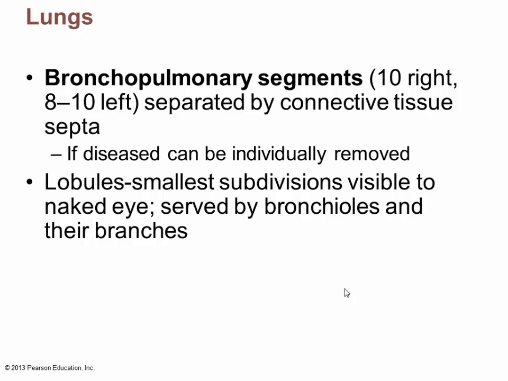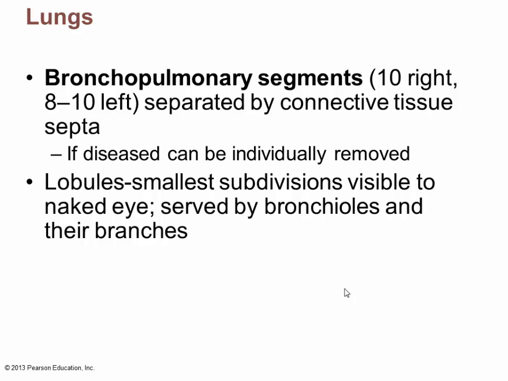It's also in these bronchopulmonary segments you find little lobules. They're the smallest subdivisions that are visible to the naked eye. They look like little hexagons, 6 sides, and they're about the size of a pencil top, all the way up to about the size of a penny. And so you can see some of these little lobules inside of the pulmonary segments.